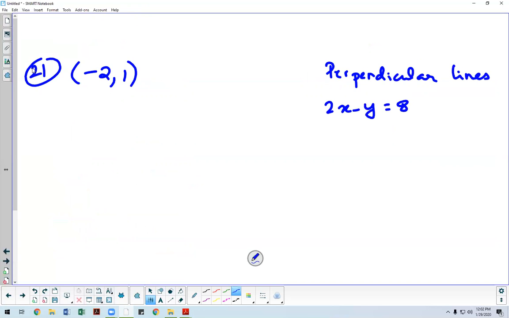So perpendicular lines have negative reciprocal slopes. Or basically, like your textbook is saying, when you multiply the two slopes, your answer should be -1.